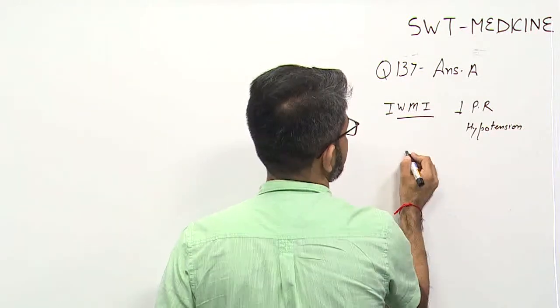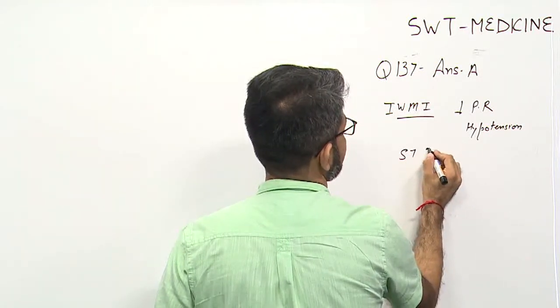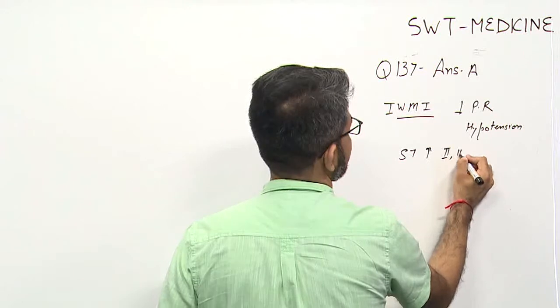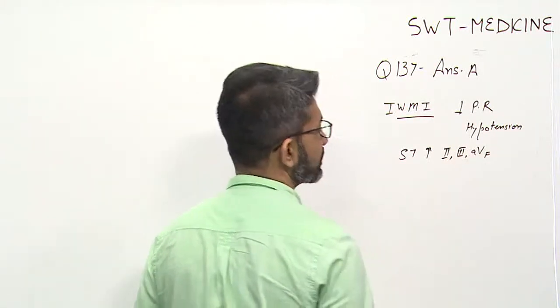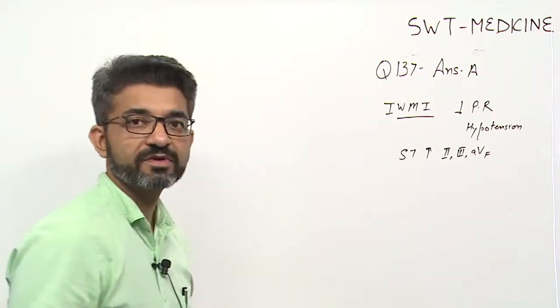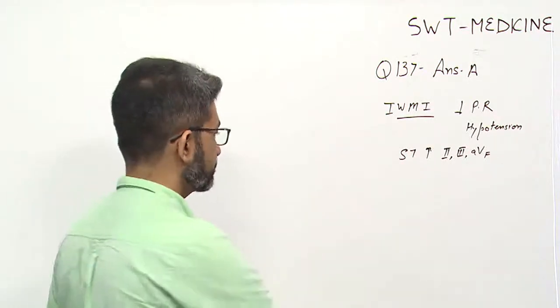We should remember that ST elevation in 2, 3, AVF, right, is a hallmark of inferior wall MI.